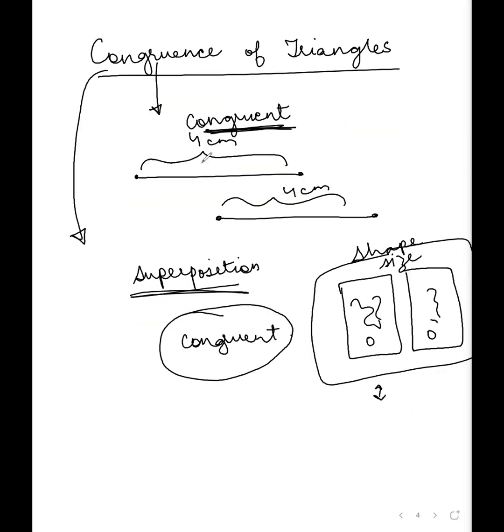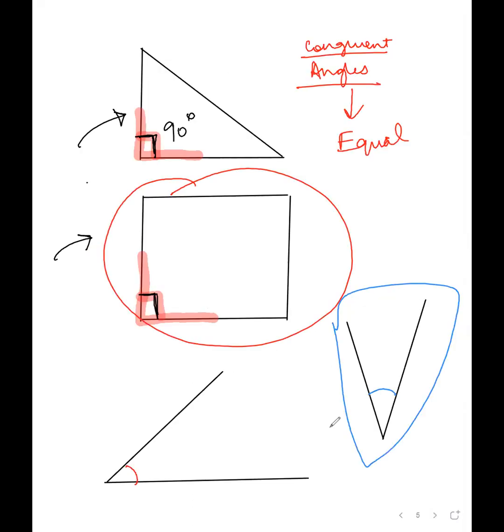Now let's talk about congruence of triangles. Till here we have talked about congruence of line segments and congruence of angles. How do we know whether two triangles are congruent or not? For example, let's go back to this rhombus.